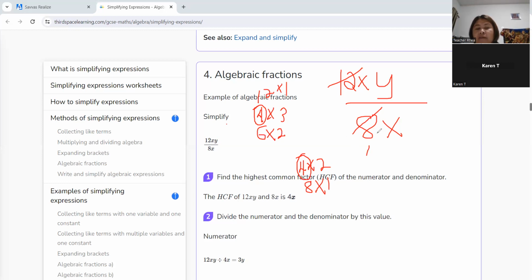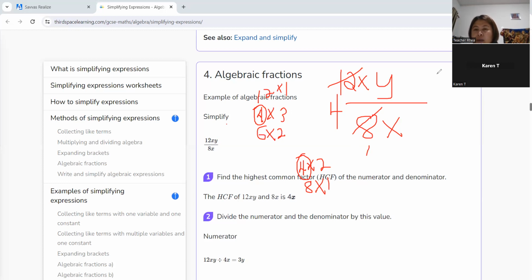So their common factor is 4. So you need to divide the numerator and the denominator by this value.